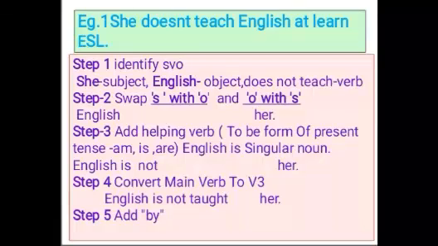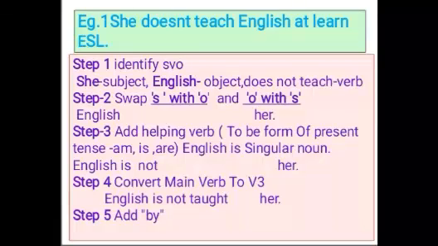Not comes after the helping verb in negative statements. Remember this. Step 4 is to convert MV to V3. Third form of teach is taught. So I have added taught there. Step 5 is to add by before her.